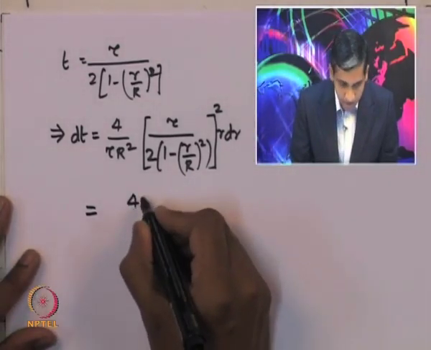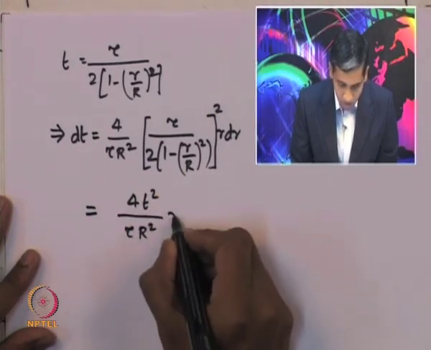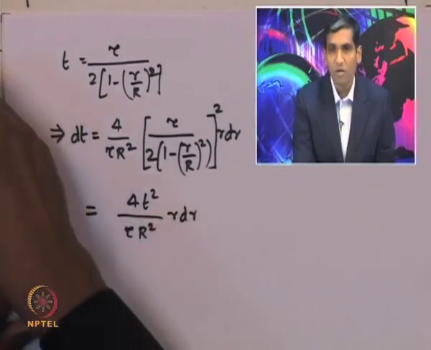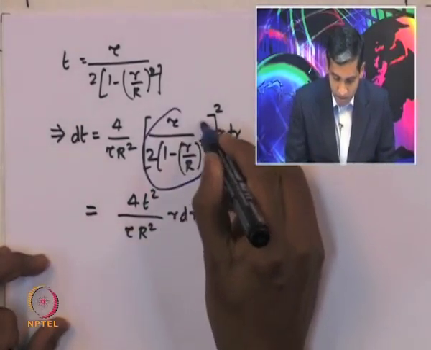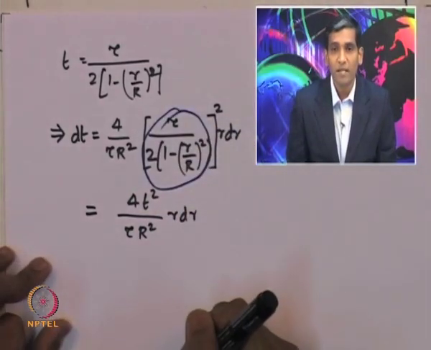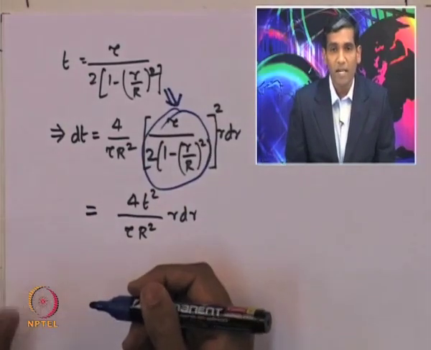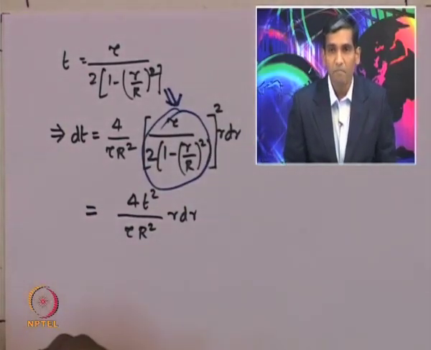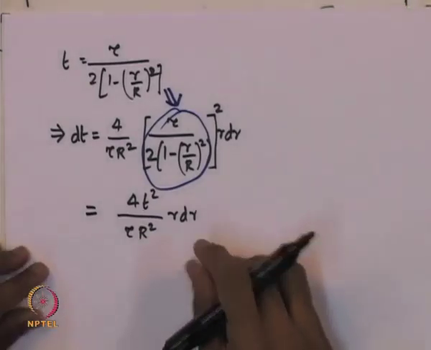That is given by 4 t square divided by tau r square into r dr. This is obtained simply by substituting this expression inside the brackets with the corresponding time, which is nothing but the time taken by the fluid at r location to travel from the inlet to the exit of the reactor.